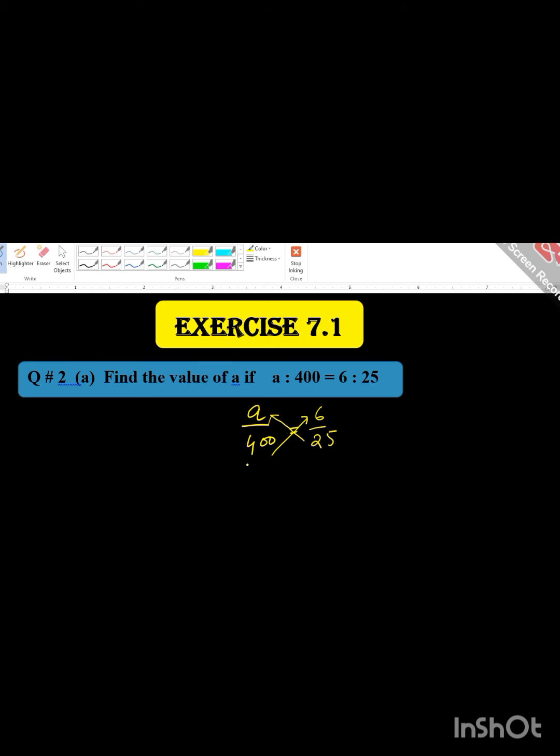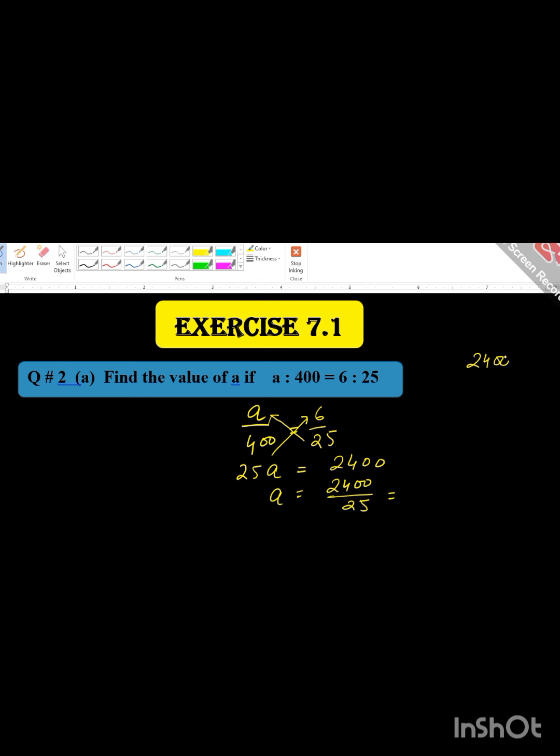So 25 multiplied by a, we get 25a, and 6 multiplied by 400, what do we get? We get 2400. Am I right? Okay, now we will divide by 25 on both sides. So a is equal to 2400 divided by 25. Is it completely divisible? Let's see.